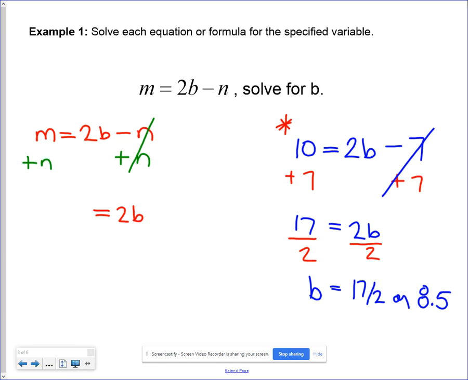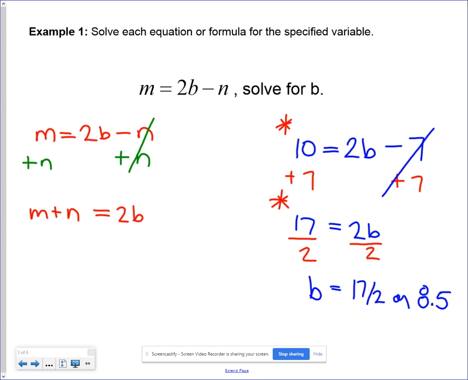And then over here, when you add N to M, you get M plus N. You can't add those two variables together because they're not like variables. So you just leave them like that. Okay, now what did we do on the blue equation? The second thing we did was divide by 2.